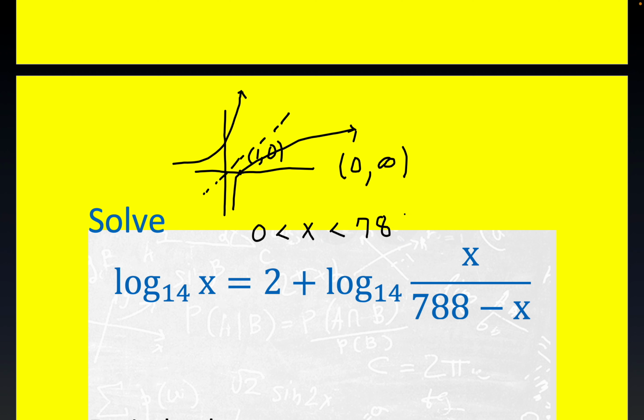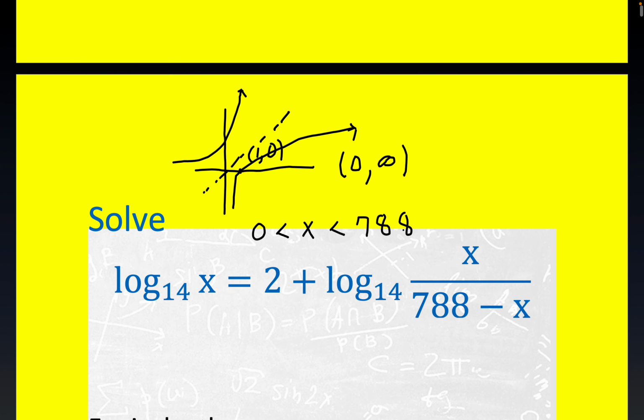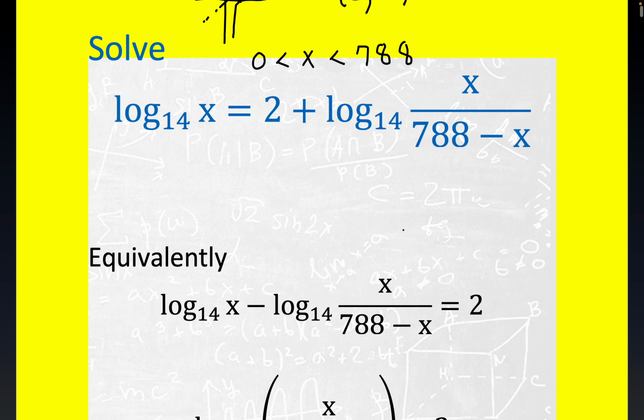Otherwise, you would have, say for example, 789. That would make this negative, okay? And that would make this entire input negative, which is not a valid input for a logarithm function. So we know that whatever solution we obtain for this equation has to be trapped below by 0 and above by 788.